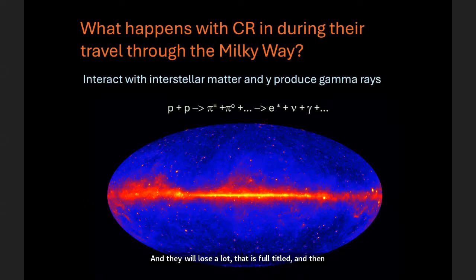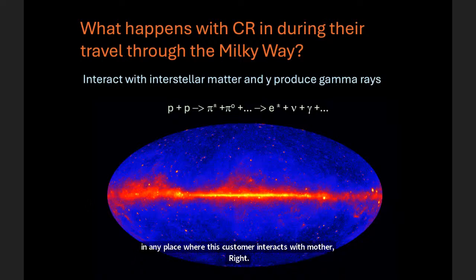What is important here is that there are no more protons. The proton disappears, but we have gammas. Gamma rays are light with the highest energy. So in any place where a cosmic ray interacts with matter, there will be a glow of gamma rays.